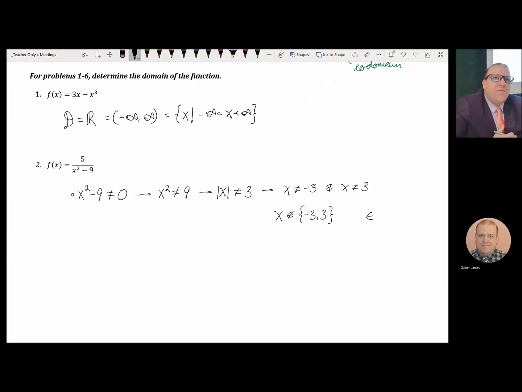The symbol by itself means element of, or is in. In English, that would be read: x is not in the set negative 3, positive 3, meaning you can't have x equal to negative 3 or positive 3.